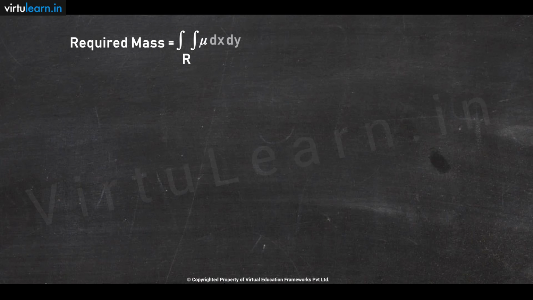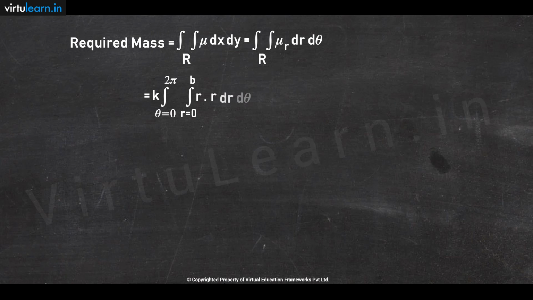So the required mass becomes double integral over the region R mu dx dy, or in polar coordinates double integral over the region R mu r dr d theta. Substituting for mu and writing the limit, we get k times integral theta is equal to 0 to 2 pi, integral r is equal to 0 to b, r into r dr d theta, or we have got r square here. Integrating with respect to r, we get r cube by 3.